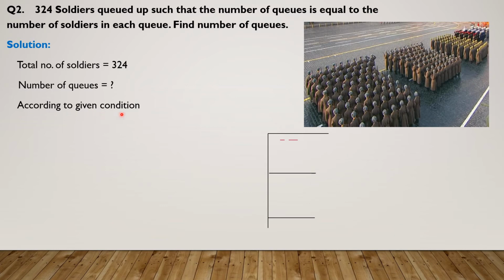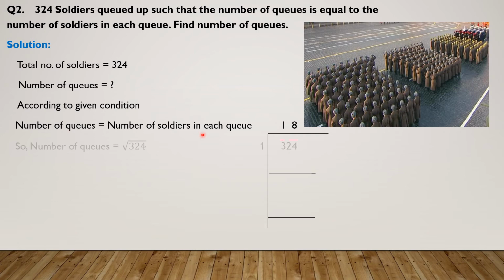So this is the condition given in the question, that the number of queues is equal to the number of soldiers in each queue. For example, if you have 9 queues, then in each queue you have 9 soldiers. Now, number of queues is equal to the square root of 324.